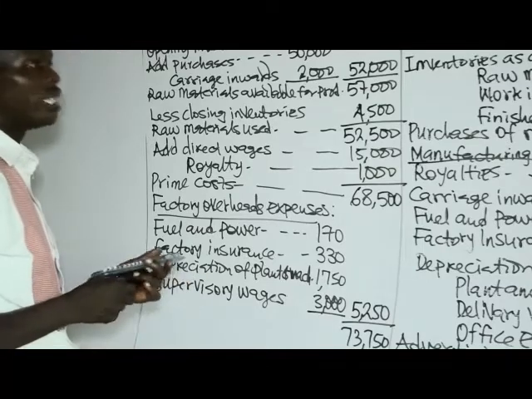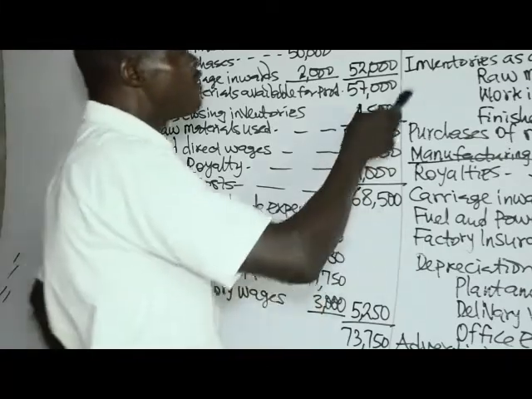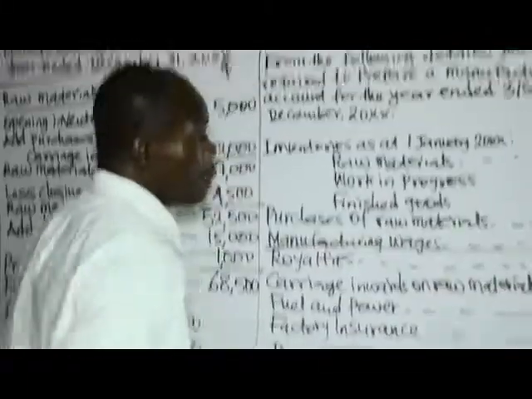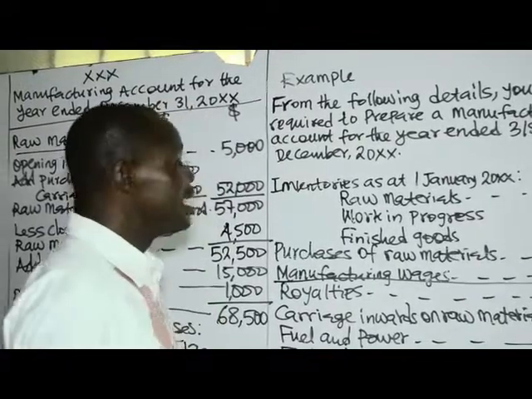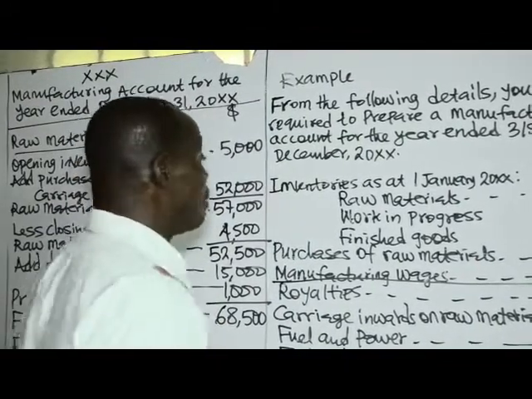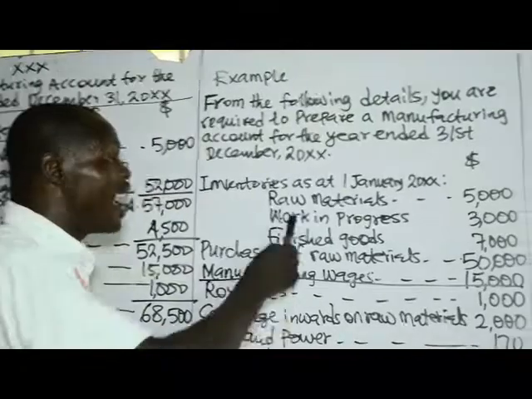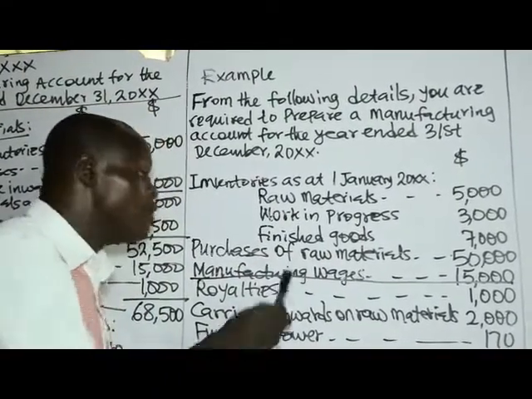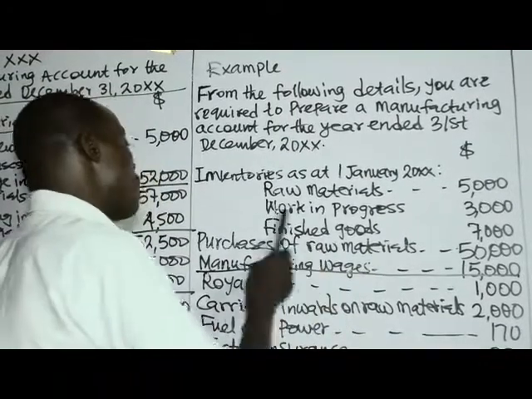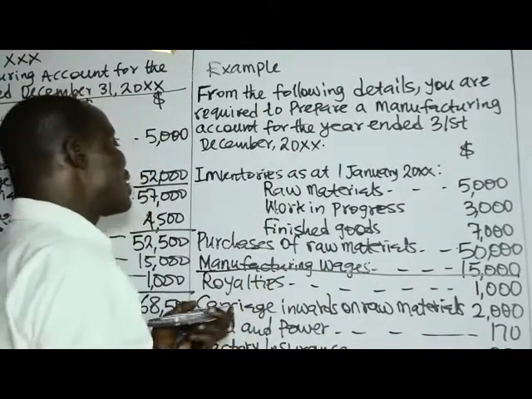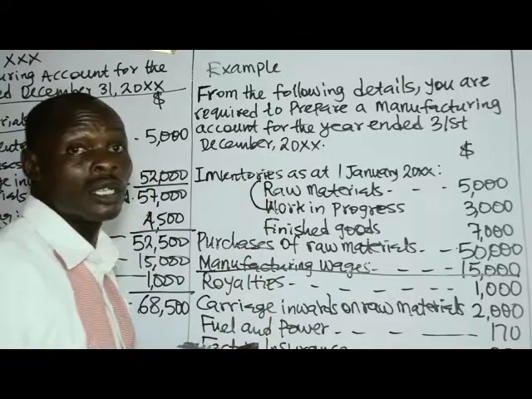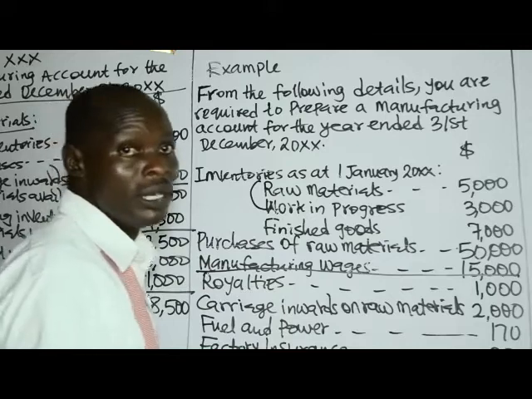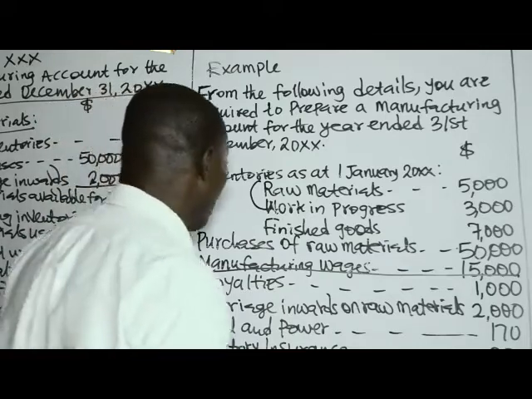Now back to the question. Then you have the inventories. You have the work in progress. Remember, I've told you earlier that the inventory in manufacturing account can be divided into three: the inventories of raw materials, inventories of work in progress, and inventories of finished goods. The inventories of raw materials and work in progress will be used in the manufacturing account, while inventories of finished goods will be used in the statement of profit or loss account.